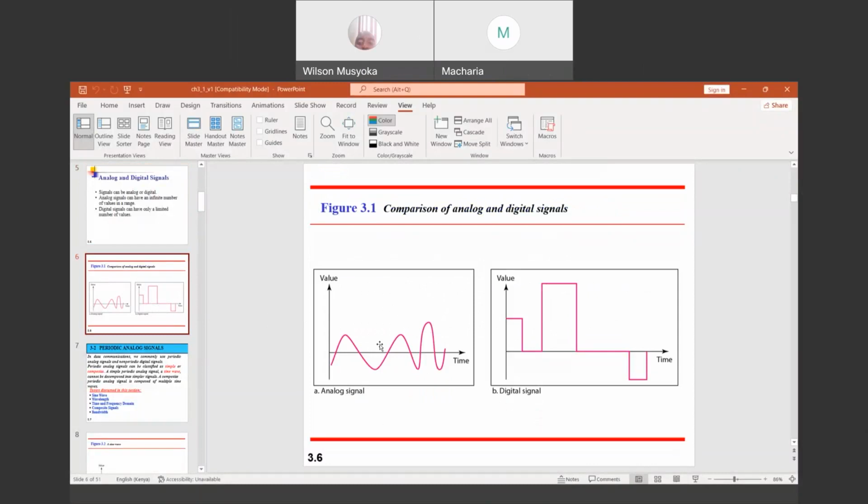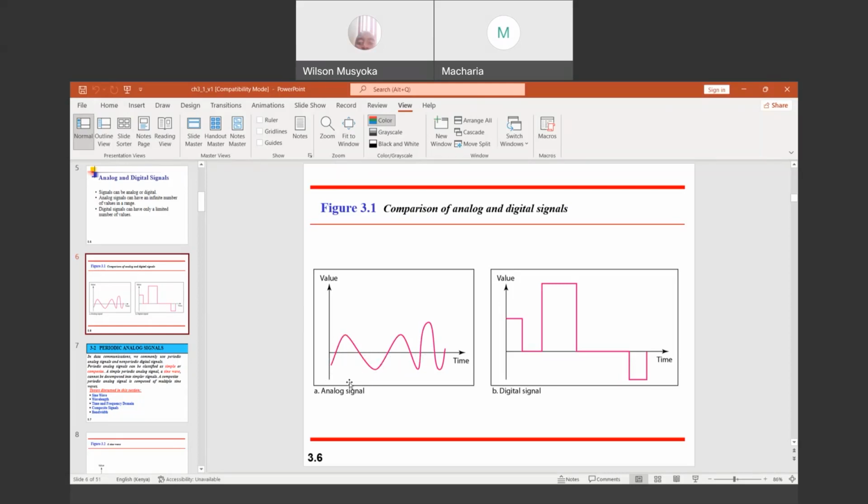We usually have an analog signal that looks like this, and it has three properties. The sine wave has an amplitude, which is the height of the waveform, and then it moves in time. So there is the aspect of height, which we call the amplitude, and there is the aspect of time, which gives us the frequency, or how many cycles the waveform can make in a given period of time.